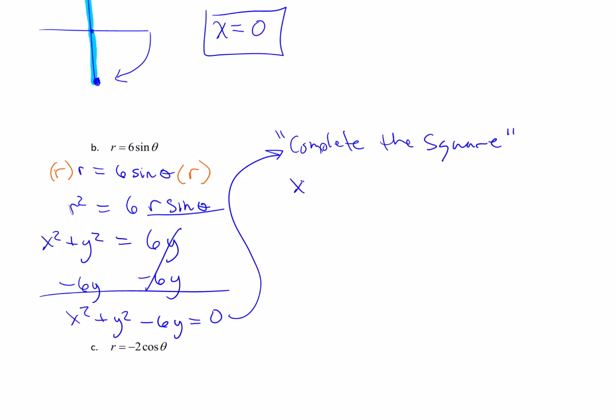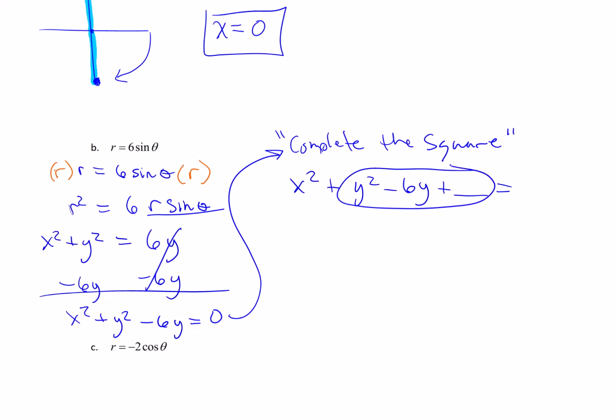So if I have x squared plus y squared minus 6y, maybe you've seen this method, you probably have at some point, but it could be forgotten. What we're going to do to complete the square is add a mystery term that will complete this trinomial of y variables that we're seeing in our equation here.